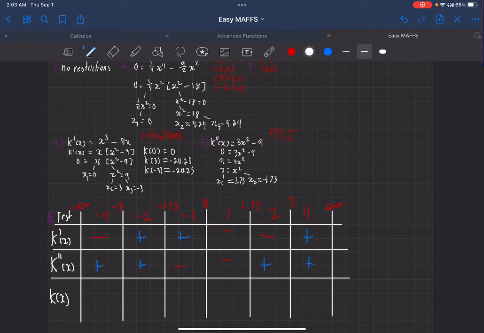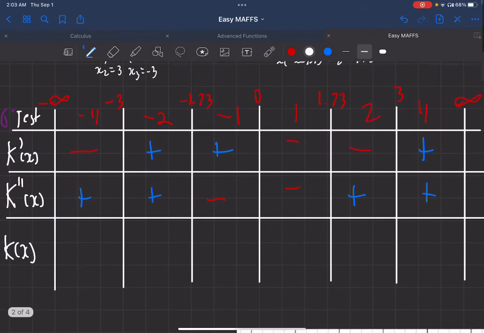Okay, so now that we have all of that, we can write how our first derivative and our second derivative are affecting our original function. So between negative infinity and negative 3, so when x is less than negative 3, the function is decreasing. So I'm just going to write DEC for decreasing.